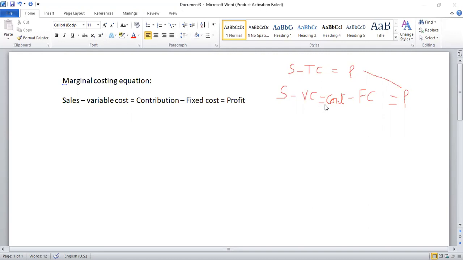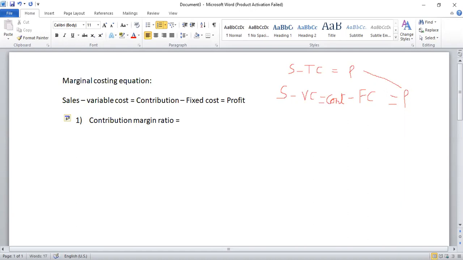So first thing is, what is calculated is what is the percentage of contribution margin over sales. If sales is the base, that is taken as 100%, what is the percentage of contribution? So that is how it is calculated. So the first equation what we have is contribution margin ratio.